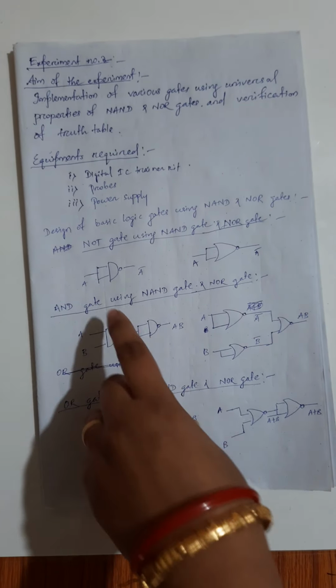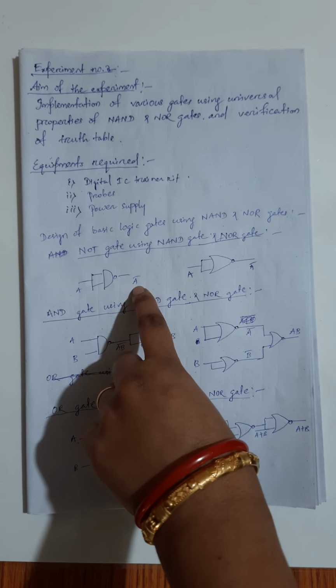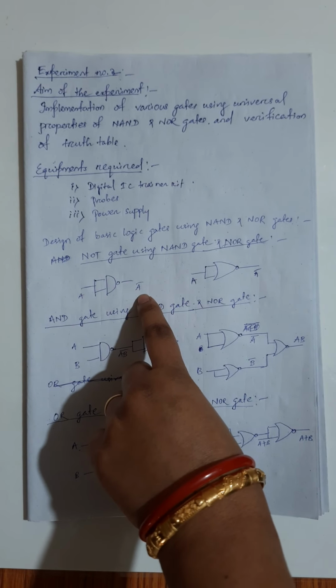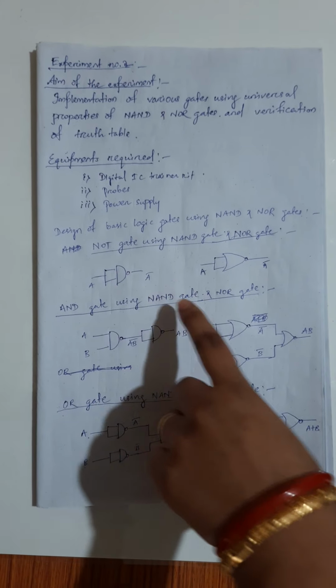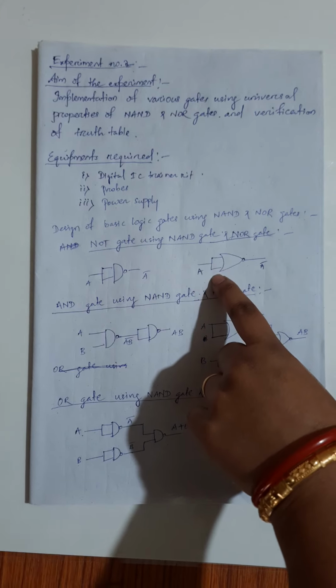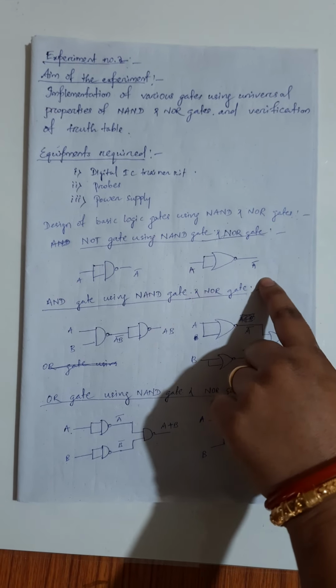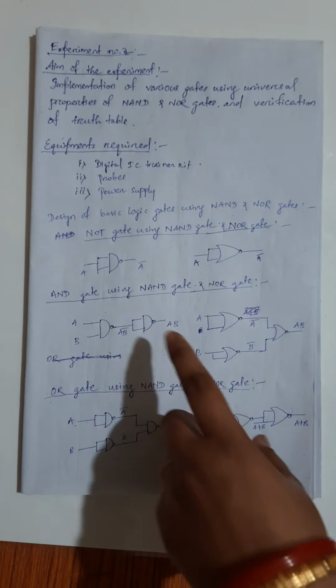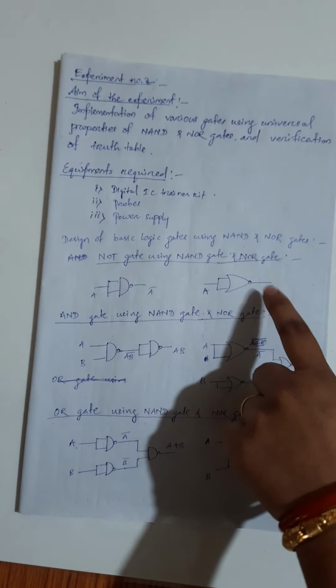This means if two inputs of this NAND gate are the same, then the output will be the inversion of the input. Similarly for NOR gate also, if two inputs are the same, then the output will be the inverted version of the input. Okay, so this was the basic gate, that is NOT gate using NAND gate and NOR gate.